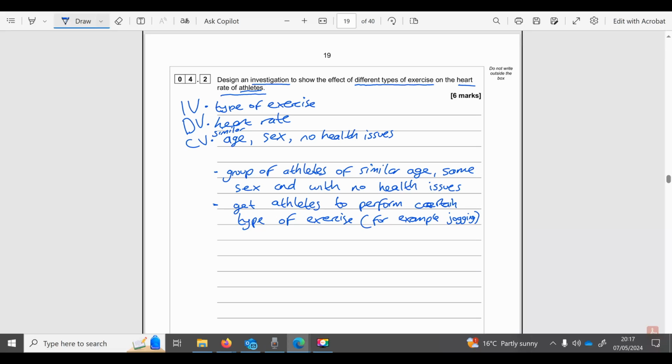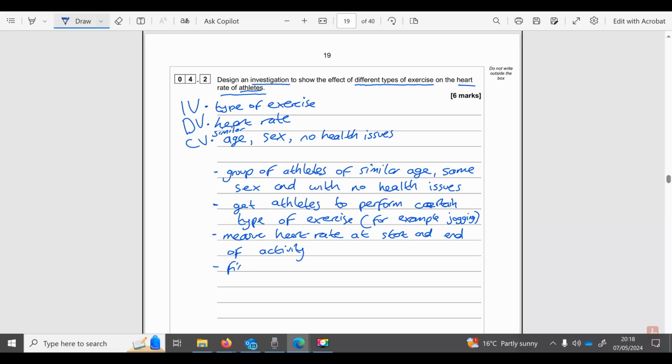Now, to see the effect on the heart rate, we can't just measure the heart rate once. We'd have to measure the heart rate before they do the activity and after they do the activity. So we just need to make that clear. Now, even though we're using similar age, same sex, and no health issues for this group of athletes, their heart rate at the beginning, before the activity has taken place, can still differ.